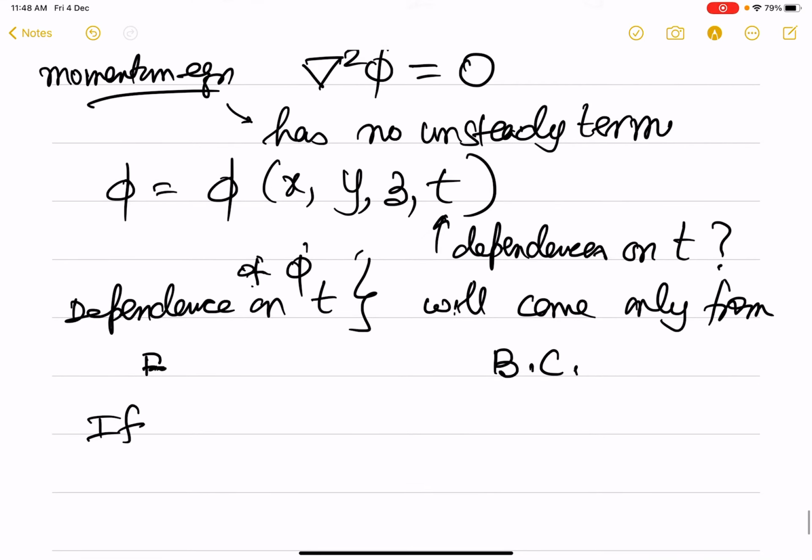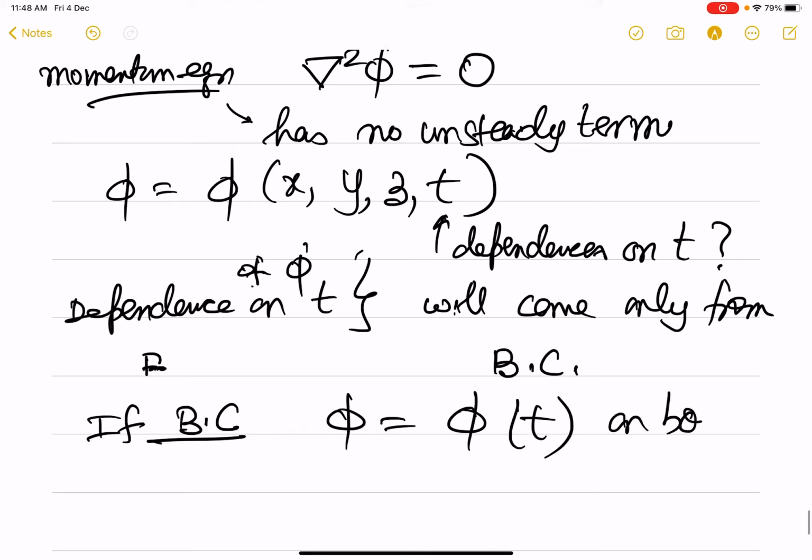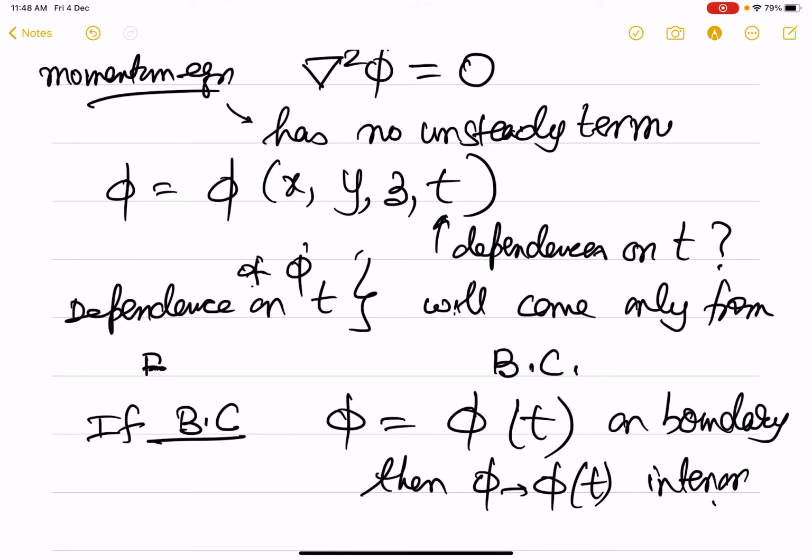If in the boundary conditions phi is equal to phi of t on the boundary, then phi will become phi of t in the interior also.